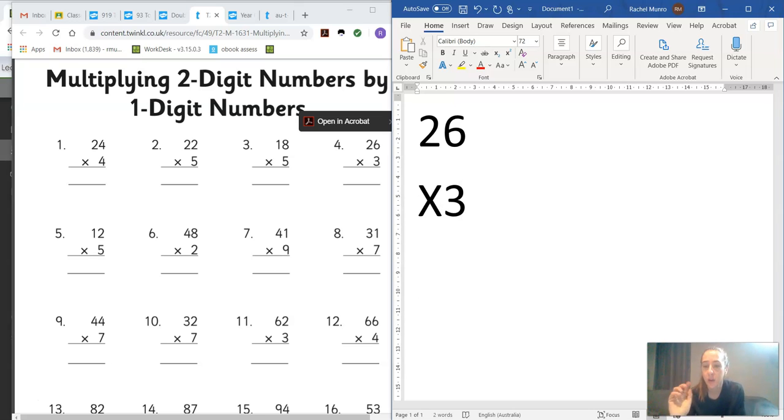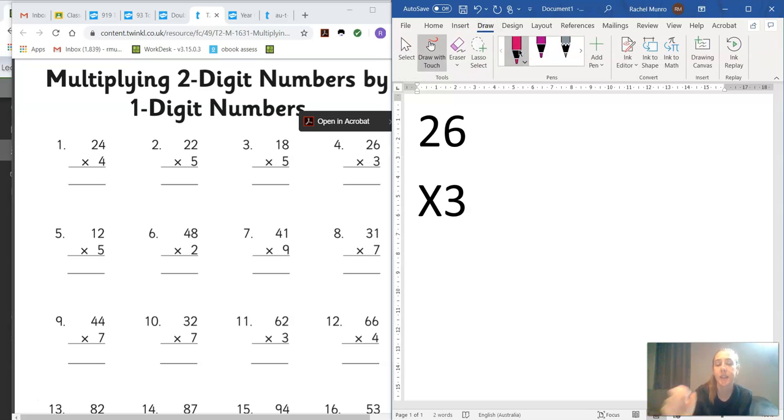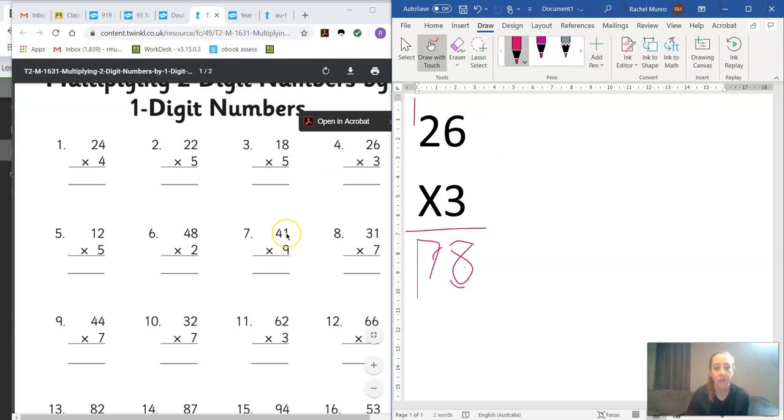First part of this that you want to do is you're going to need to go your 3 multiplied by your 6. That's first step. So 3 times 6 is 18. So put down your 8, carry that 1 over to the tens column. Then we go 3 times 2 is 6, plus that 1 is a 7, so you write down your 7 in your tens column. Hopefully we're so far so good.